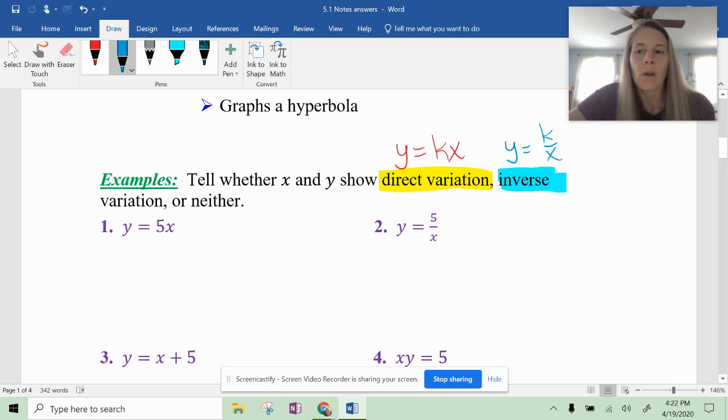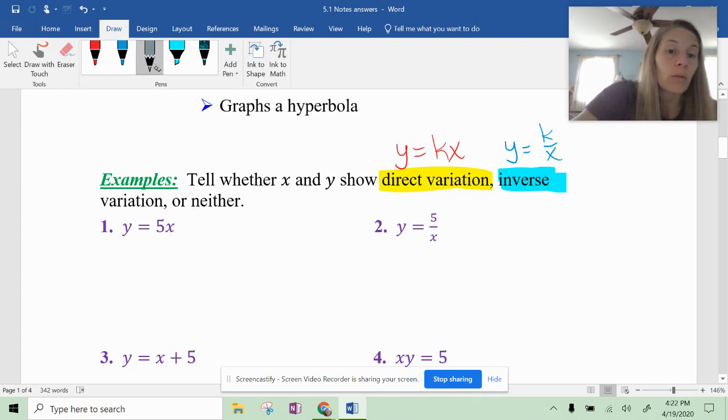To determine either one, you want to make sure the y is by itself. And of course, if it doesn't fall into either of these categories, then you can just say that it's neither.